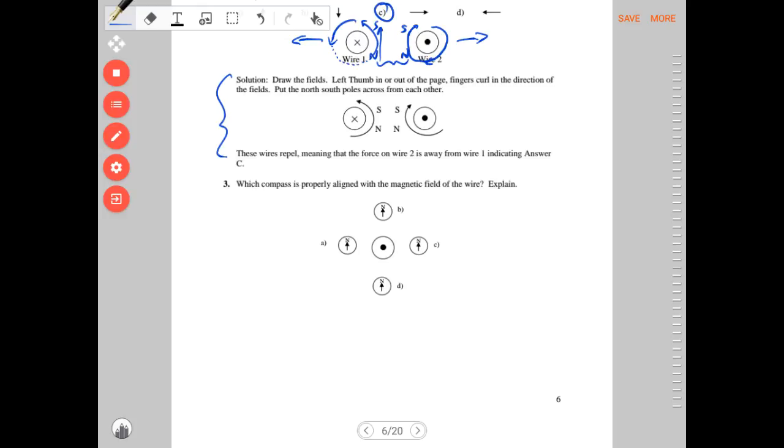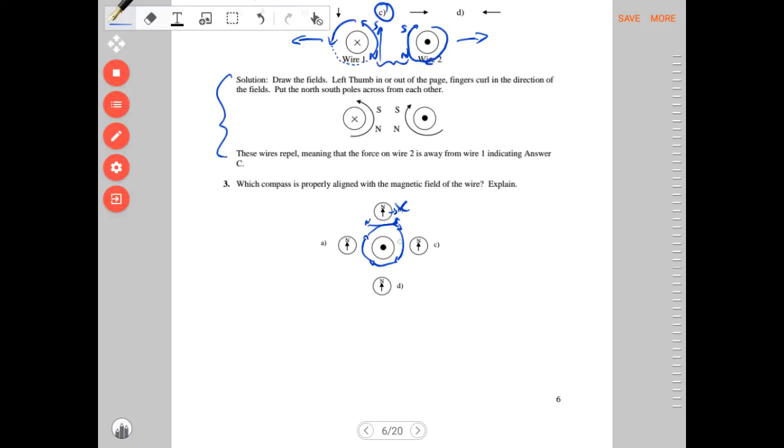We put our thumb out of the page and we wrap around this way, around, around, around. If we make a tangent line there, that's north to south. We can see right now that north should be this way, attracted to the south pole of the wire. So it's not B.